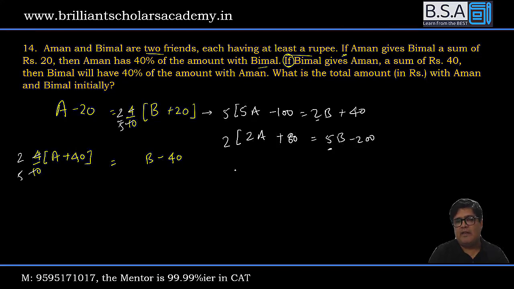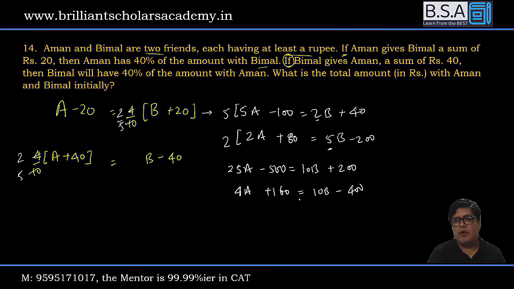So when we make it 5 times, I will have 25a minus 500 is equal to 10b plus 200. 4a plus 160 is equal to 10b minus 400.